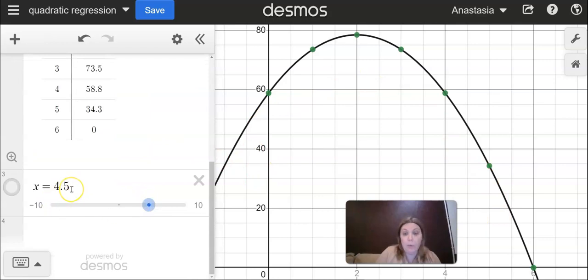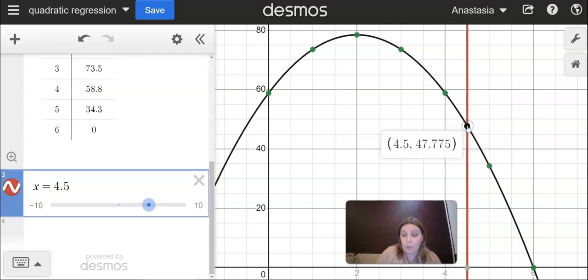Let's say I want to find the value of this graph at x equals 4.5. Usually I just draw a vertical line at that point and look for the intersection point. So at point 4.5, my y value is 47.775.